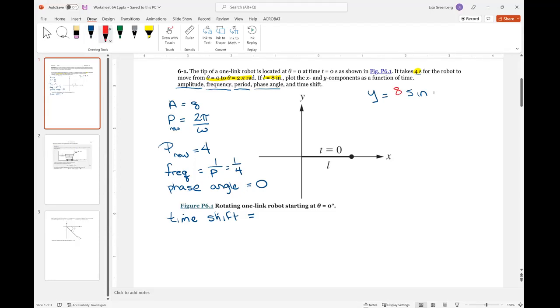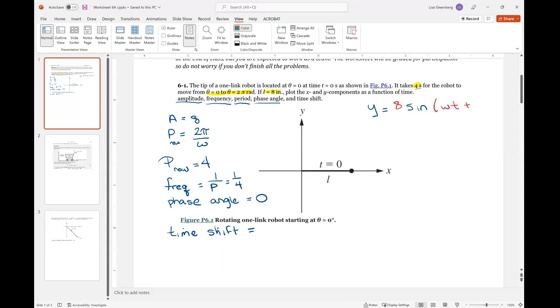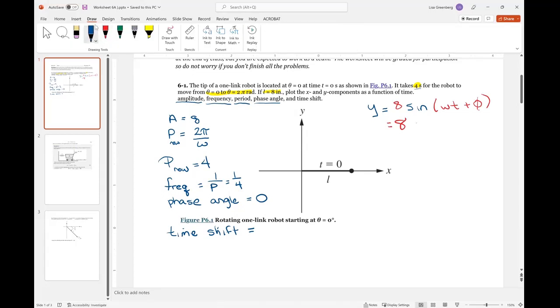Then we have omega t plus, sorry, plus theta. Okay, well, theta is starting at 0. So that makes this 8 sine of omega t.